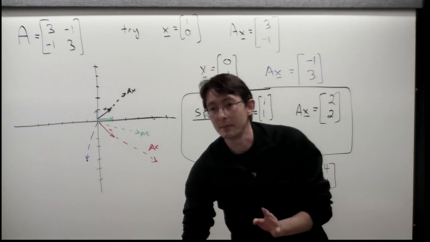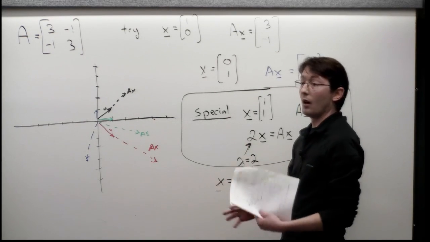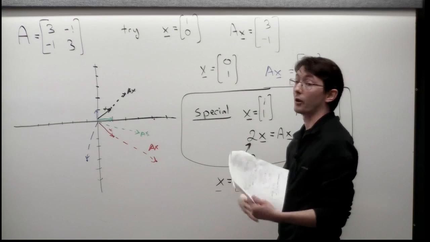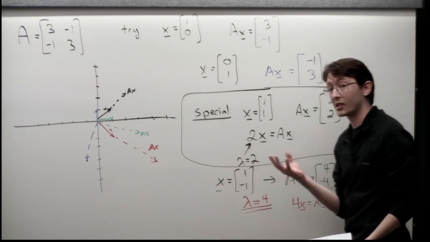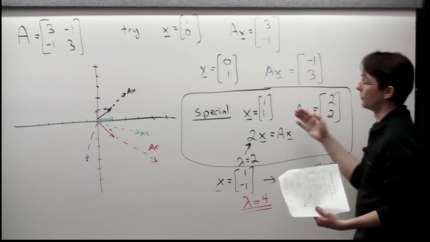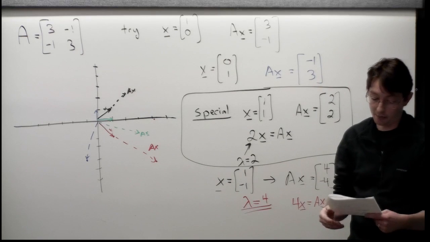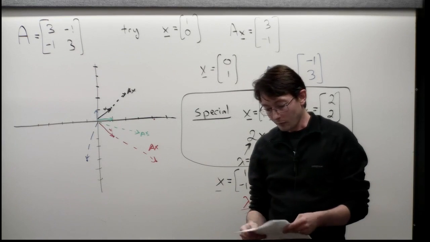So what this means is that for the matrix A, most directions x are not eigenvectors, but some special directions are, and what that means is that they map to the same direction, and all we have to do is scale by the eigenvalue lambda. Great.